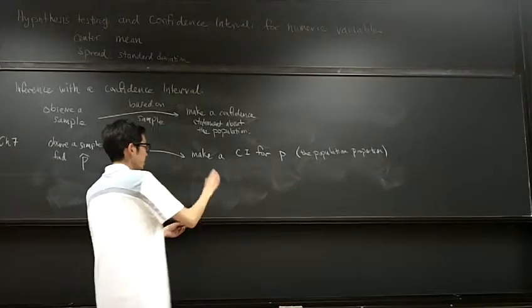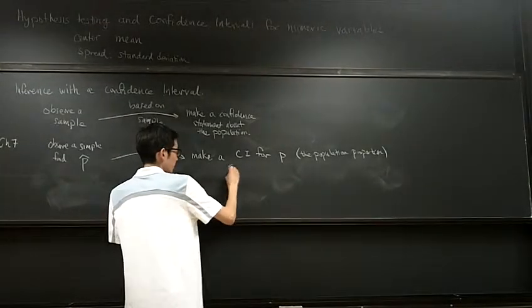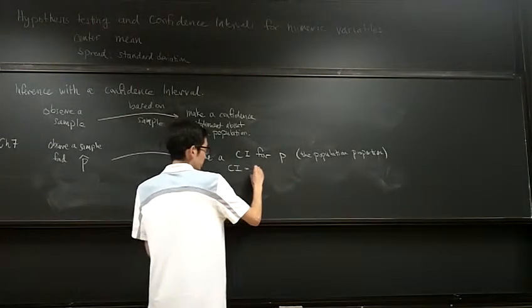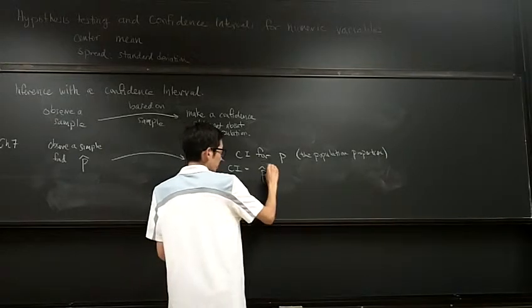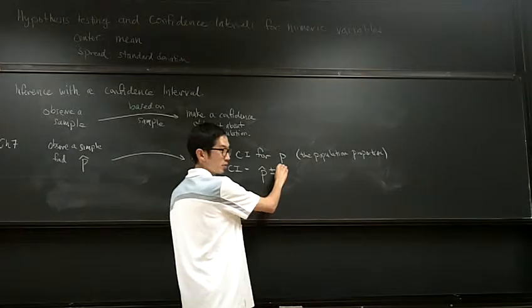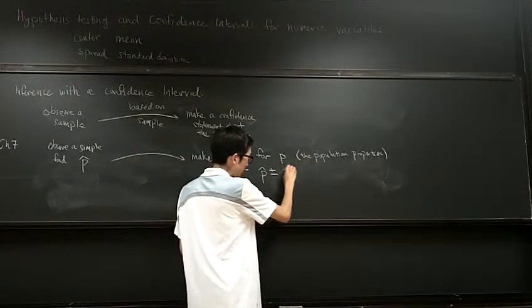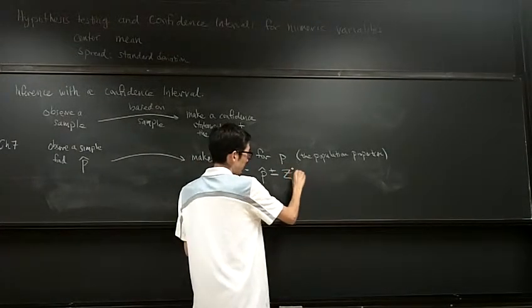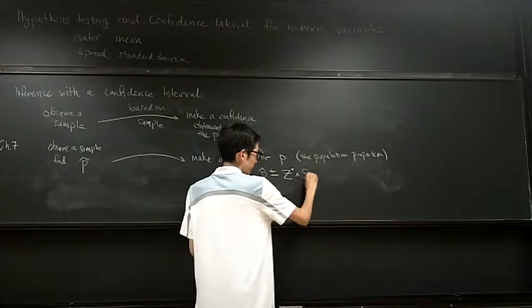Okay, and we would say the confidence interval ends up being p hat plus or minus what? The margin of error, which is z star times our standard error, right?